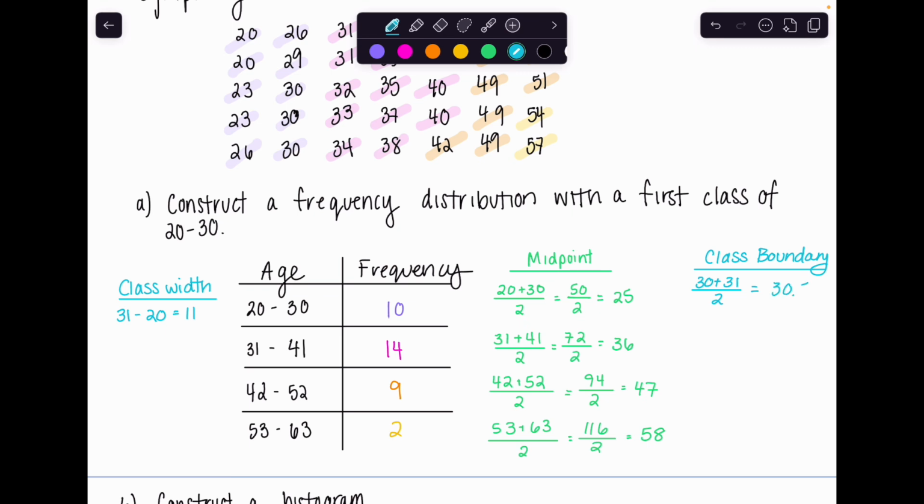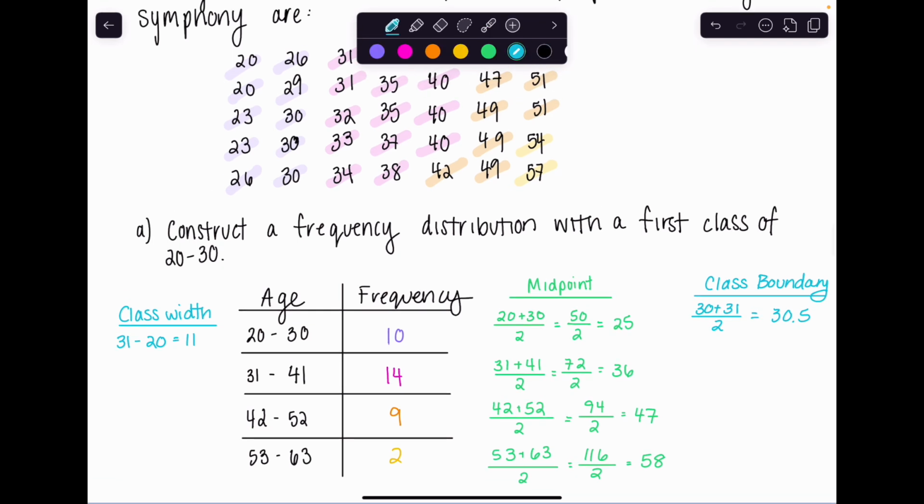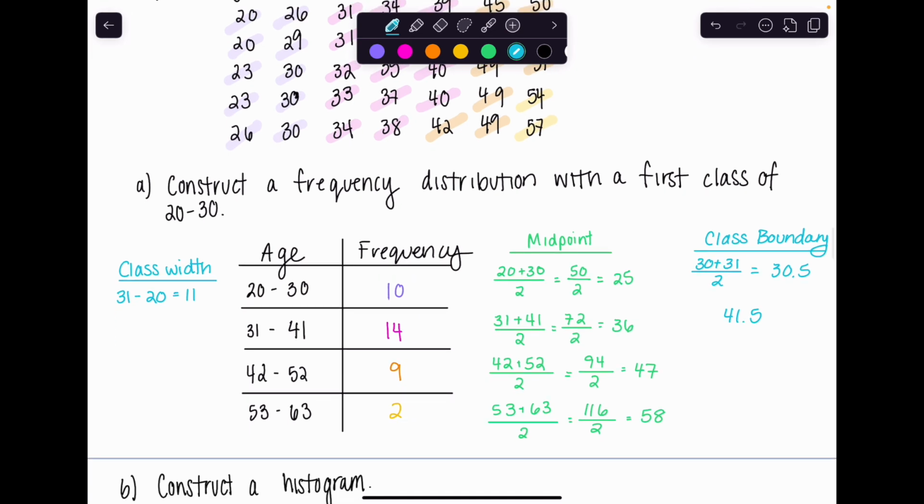So hopefully you can recognize that's 30.5. My next class boundary is the midpoint of 41 and 42, so halfway in between that would be 41.5. Then my next group, 52 and 53, so that midpoint is 52.5.